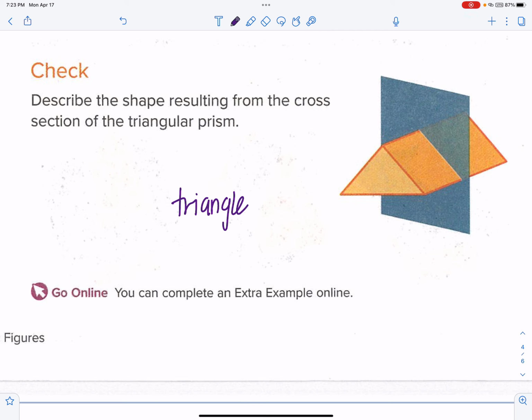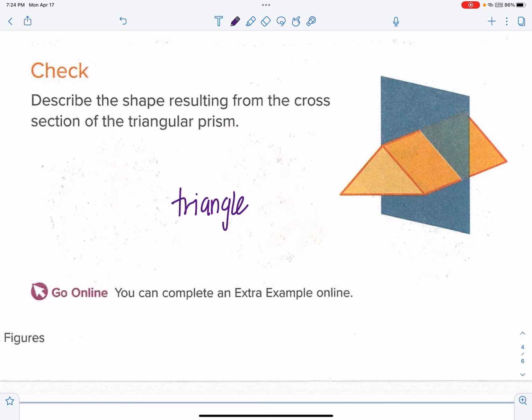We're talking about cutting it like this. If you said a rectangle for that, you would be correct. If I just slice it through here, it would create a rectangle as a cross section.